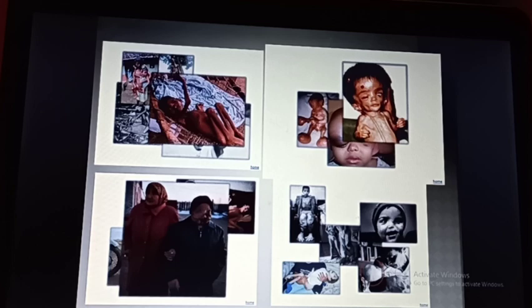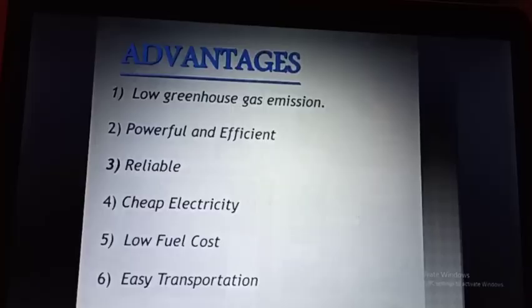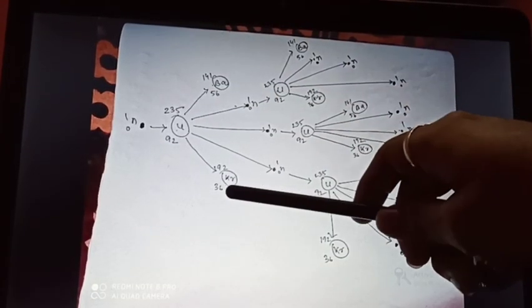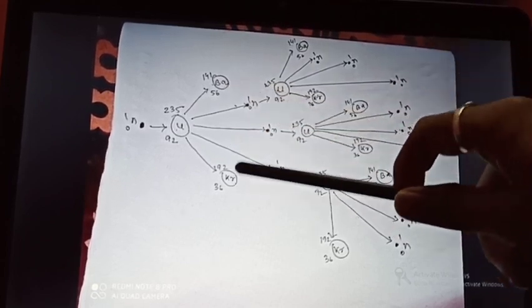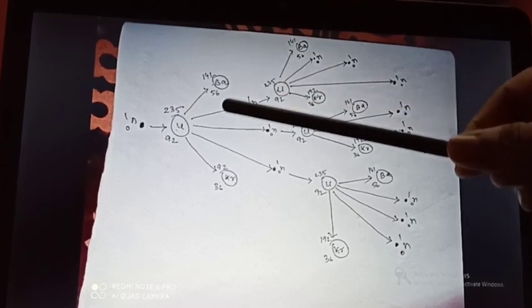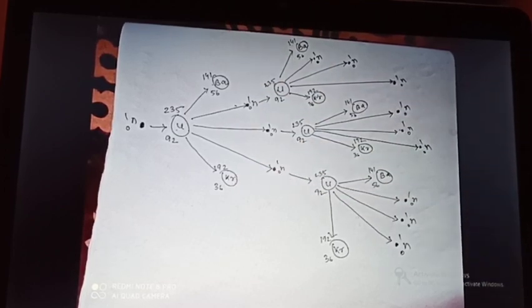At the same time, uranium decomposes and forms barium and krypton, like this one, barium and krypton. Actually these two are radioactive elements. These are highly unstable elements. As time goes on, they will produce some rays. The names of those rays are alpha ray, beta ray, gamma ray.